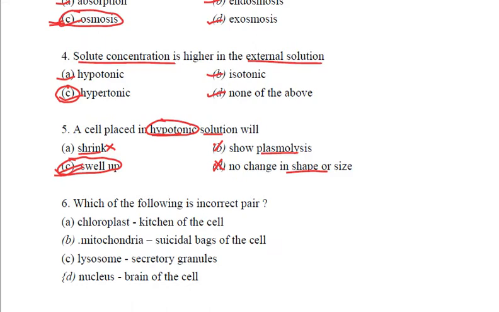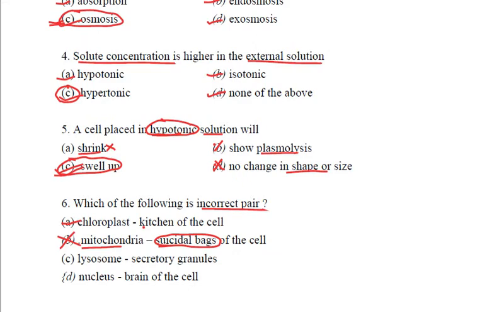Question number 6 says, which of the following is incorrect pair? First option is chloroplast. They are called the kitchen of the cell. Mitochondria, suicidal bags of the cell. No, because suicidal bags are lysosomes.